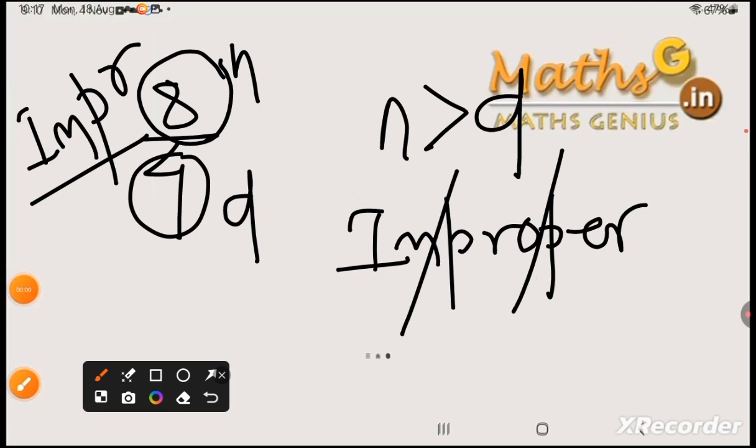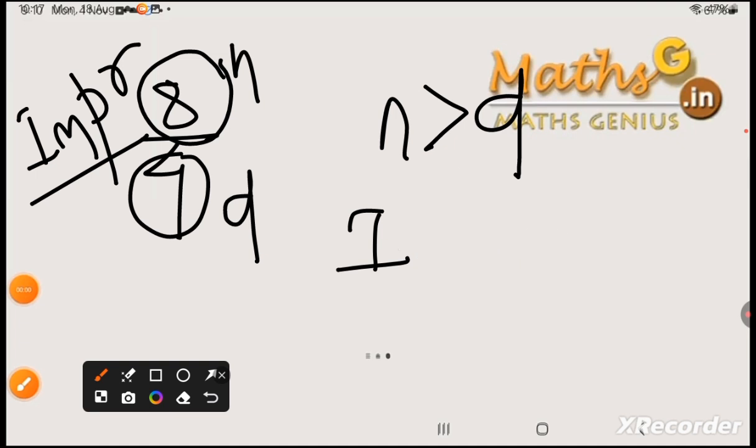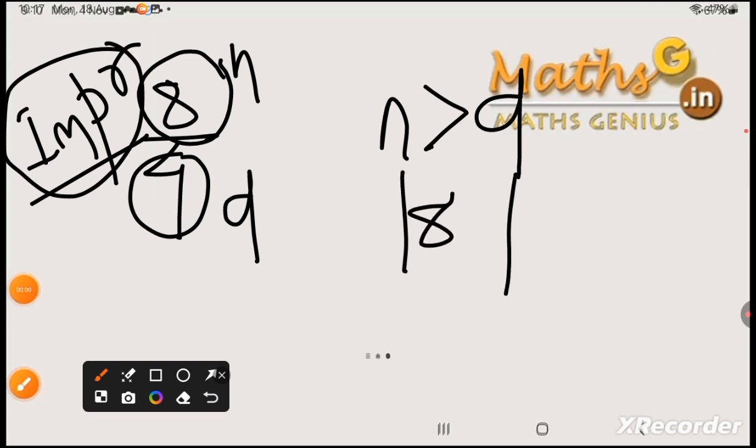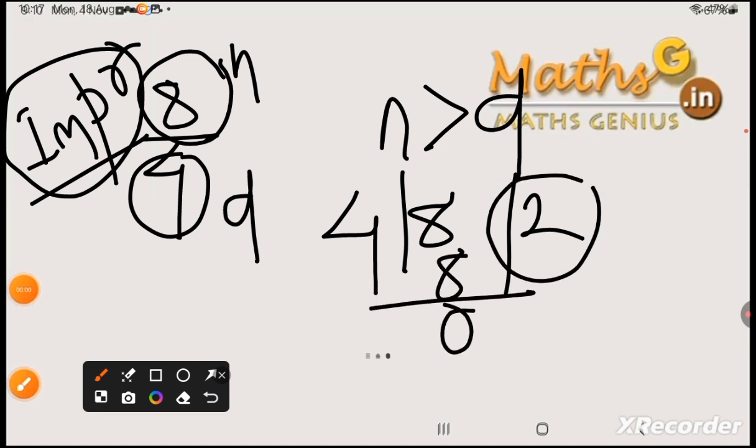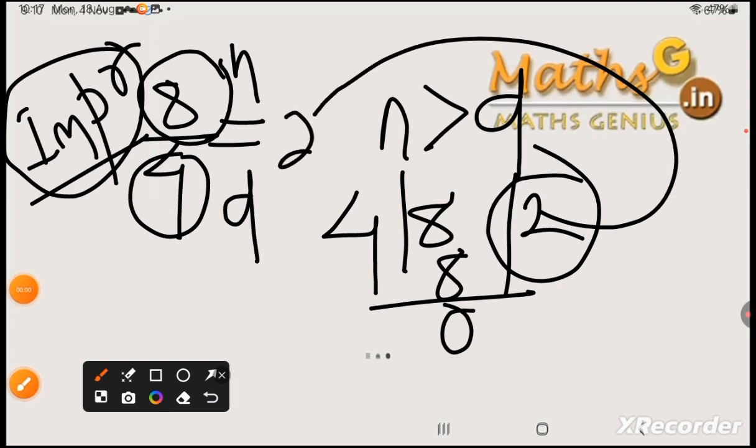Coming back, we were talking about the fraction 8 by 4. What type of fraction is it? Improper fraction. So you simply do a division, 8 divided by 4. 4 2's are 8. So the value of 8 by 4 is nothing but 2.